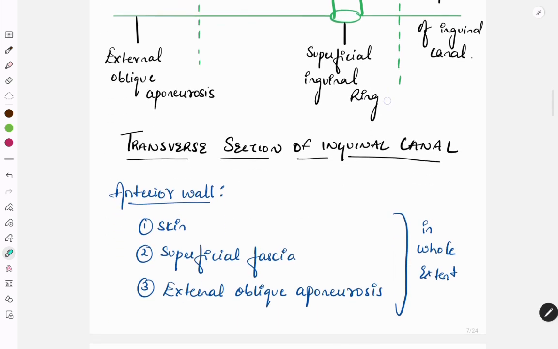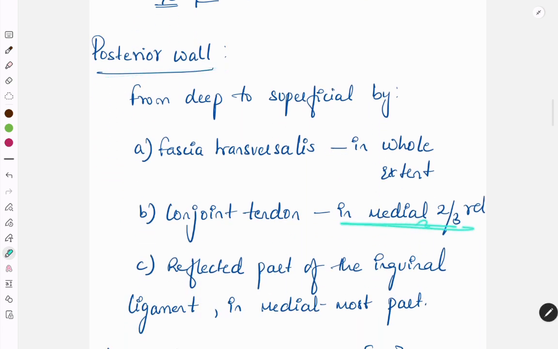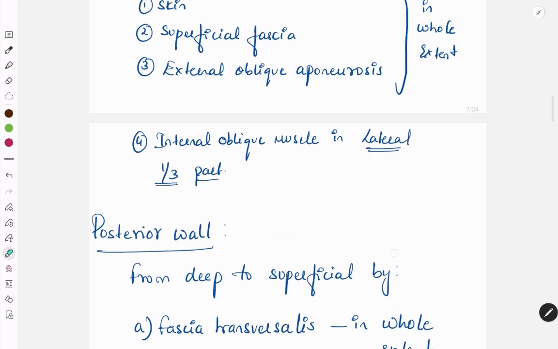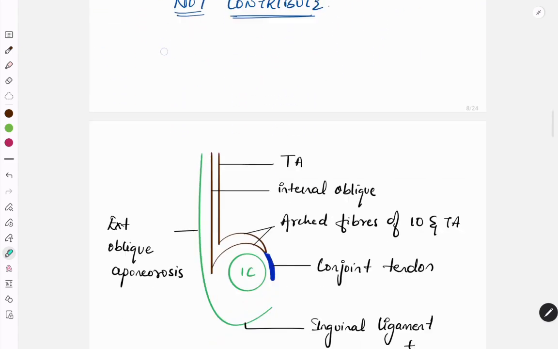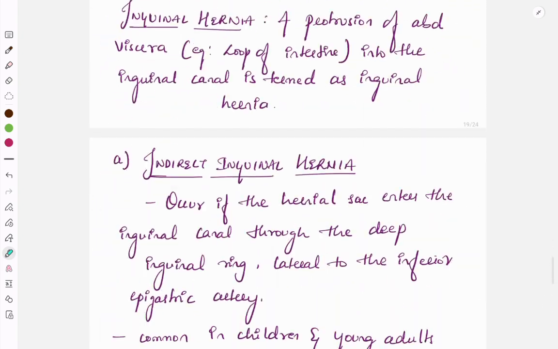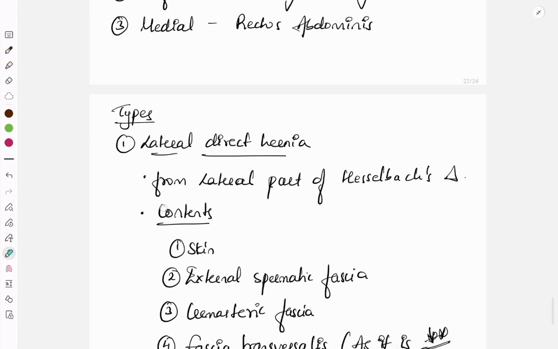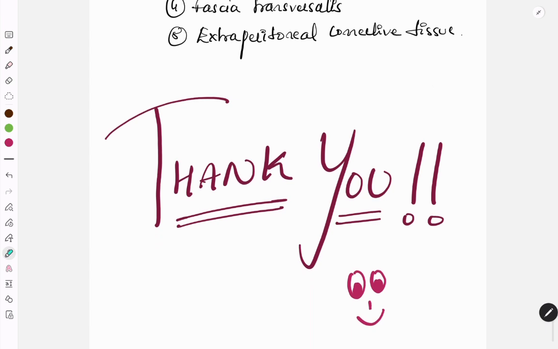We have written it down also. In the posterior wall, the conjoint tendon is present in the medial two-thirds and the internal oblique muscle in the lateral one-third. So in the medial direct hernia, you will write conjoint tendon is present, then fascia transversalis and extraperitoneal connective tissue. So by this we complete the inguinal canal.